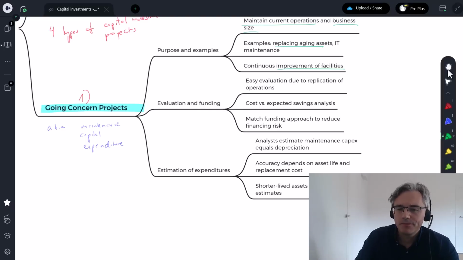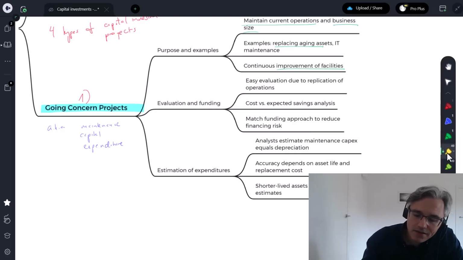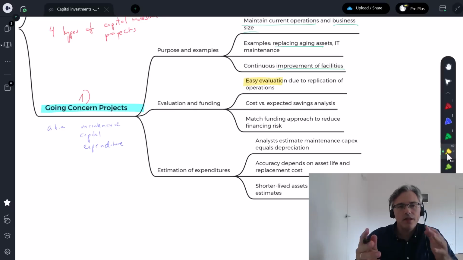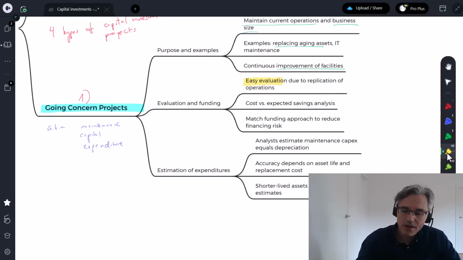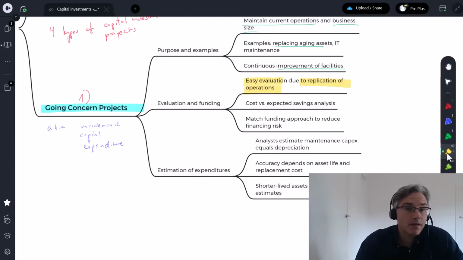From an evaluation perspective, the nice thing about these replacement projects or going concern projects is that they are quite easy to evaluate in terms of the cash outlays and the benefits, because you are already doing this thing. So you're merely replicating existing operations, which means that they are always lower risk projects.